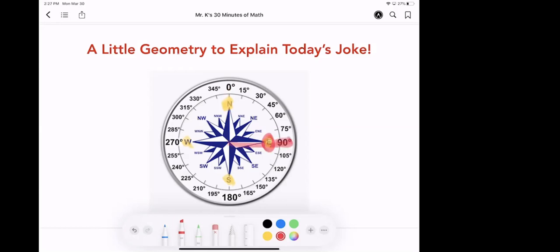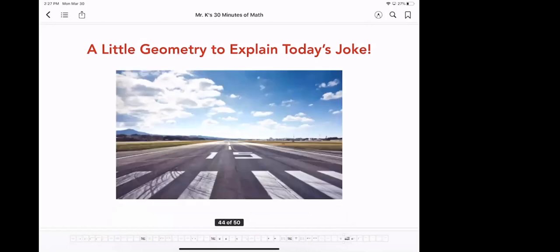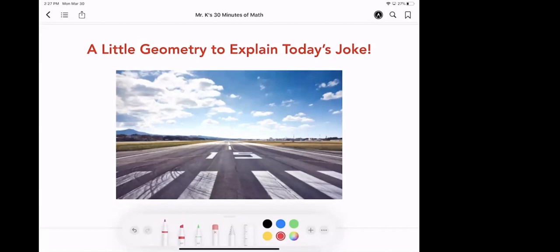Or instead of saying north, you could say go to 0 degrees. And this is something you can see if you have ever flown, or if you have seen airplanes in movies, or visited an airport, or you know somebody who's gone on a plane. What you'll see sometimes on runways is a number on the runway. Can you guys see that?